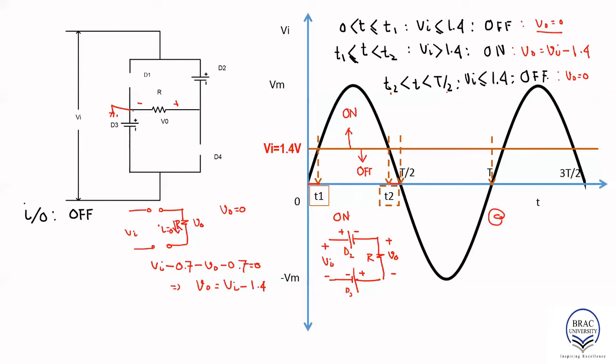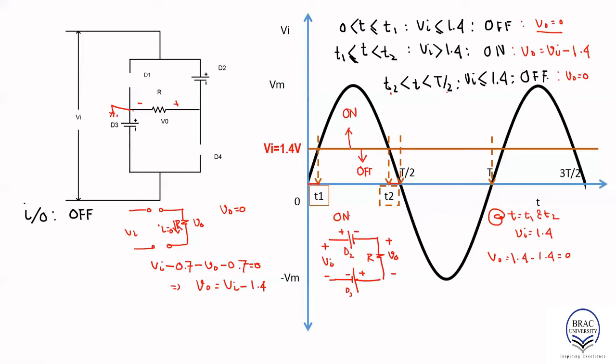At T1 and T2, we know that Vi equals 1.4. If you plug in the value of Vi, we get V0 equal to 1.4 minus 1.4 equals 0. That gives us one point, another point, and 0.